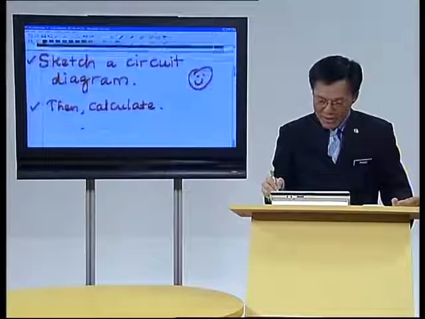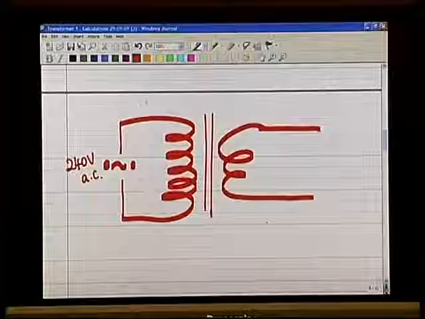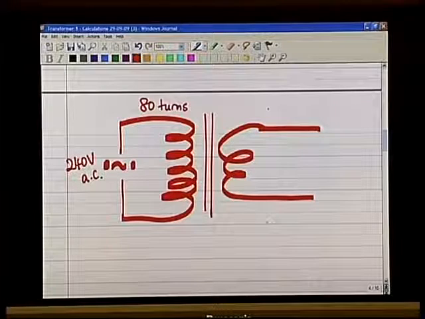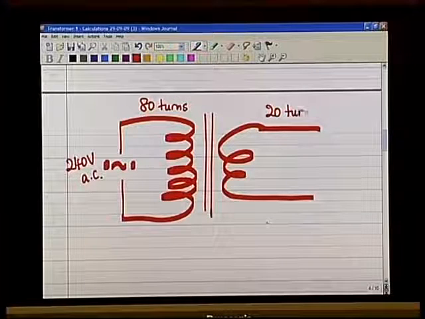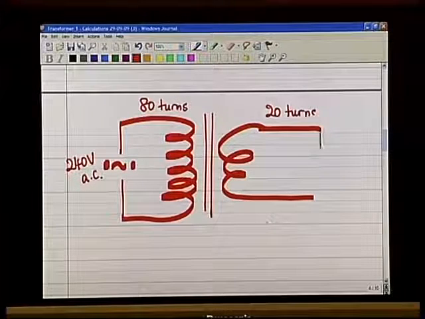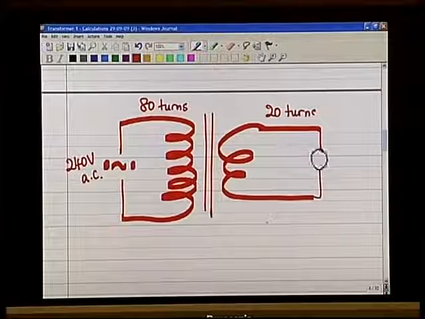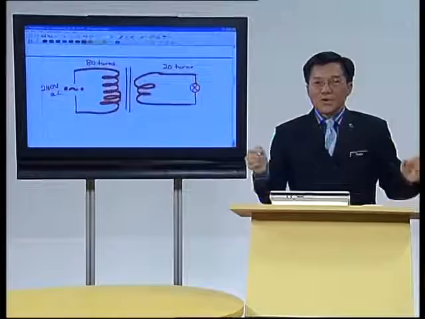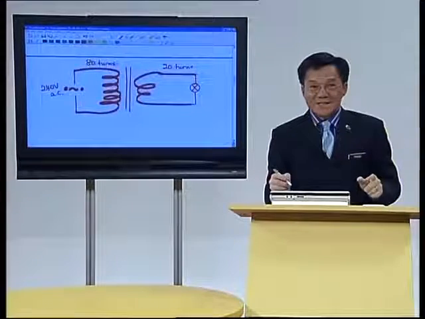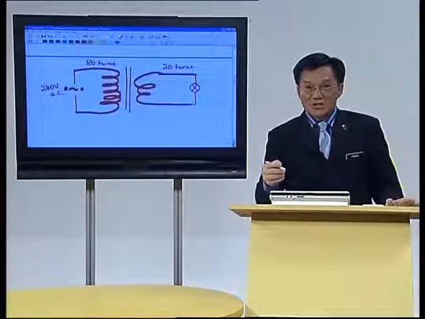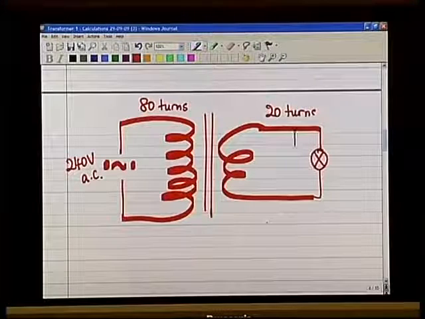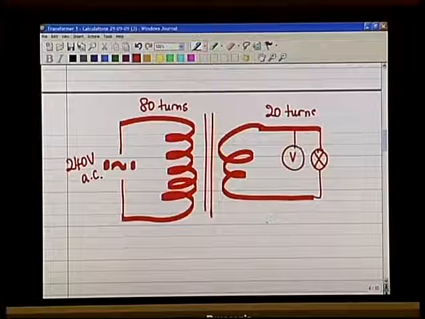Okay, let's go back to the diagram. This is 80 turns. And this is 20 turns. And here you have the bulb. If you look at the question, it says, what is the potential difference across the bulb? What is the potential difference here?